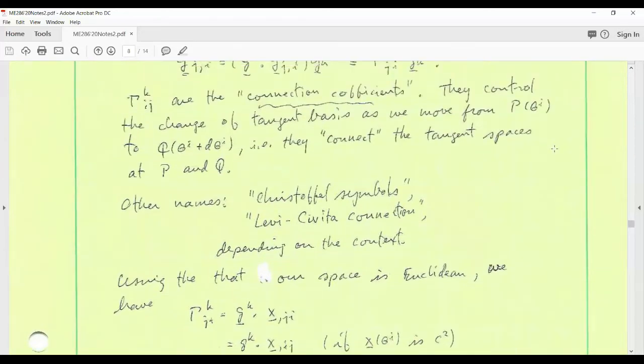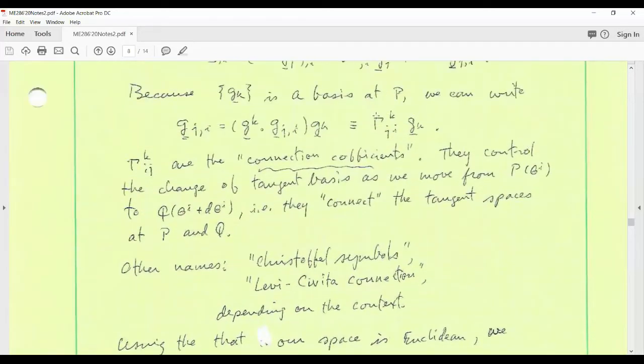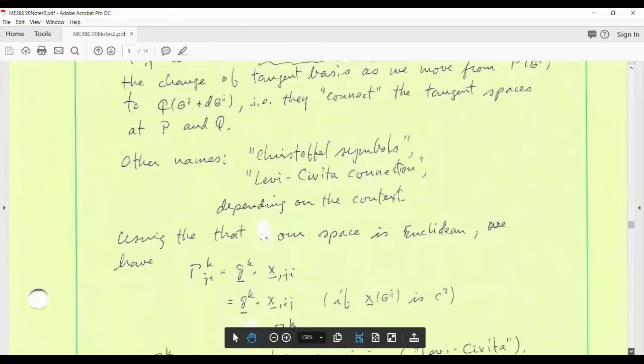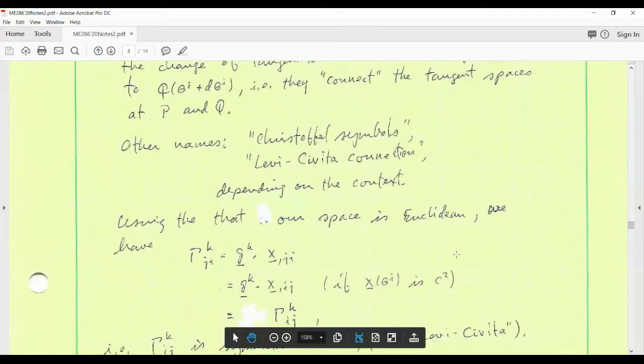Okay, so we have this somewhat ungainly collection of coefficients. In 3 dimensions, there'll be 27 of these altogether because each index ranges from 1 to 3, so we have 3 to the power 3 coefficients, 27 coefficients. But in our Euclidean space, we can reduce this number dramatically because if you recall, gamma^k_{ji} is g^k dot g_{j,i}, but g_j is itself x_{,j}.